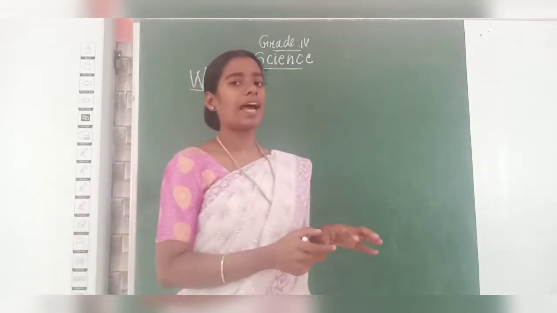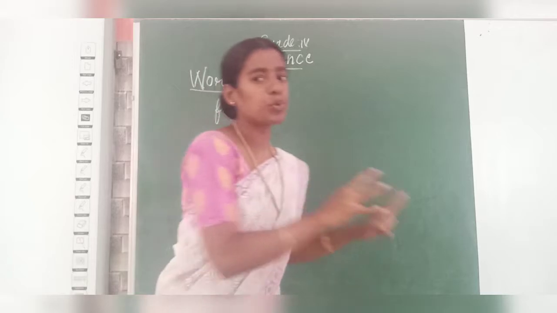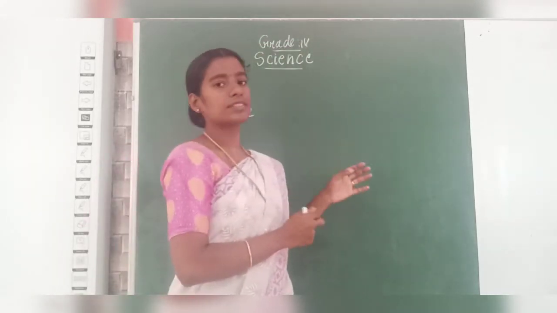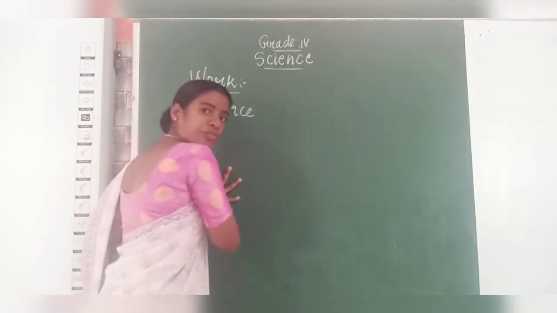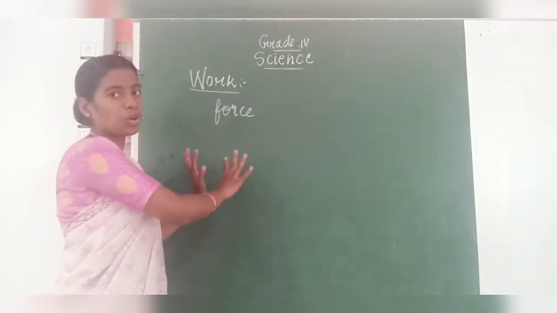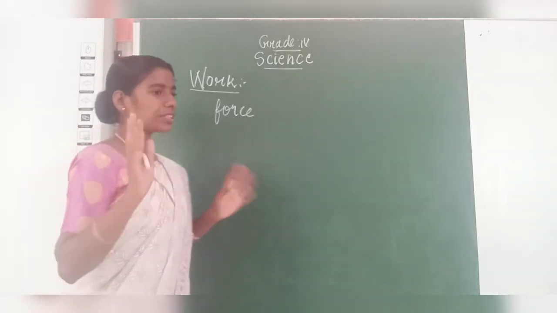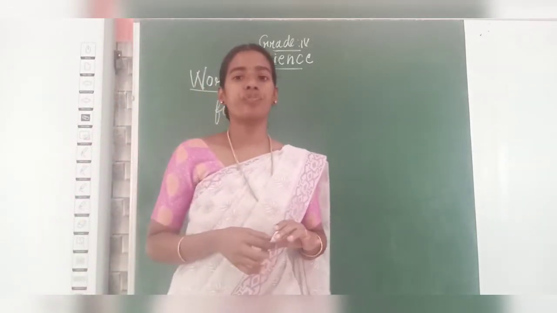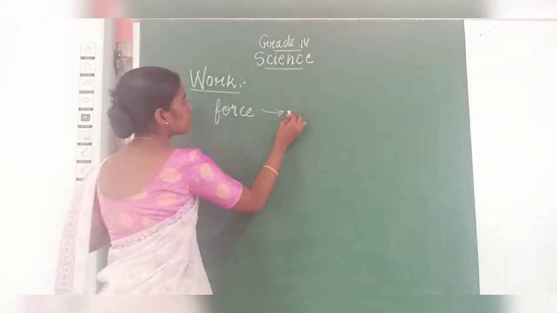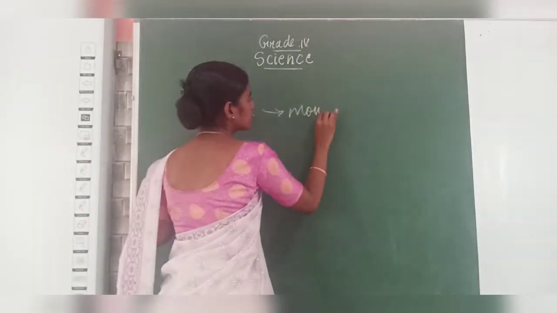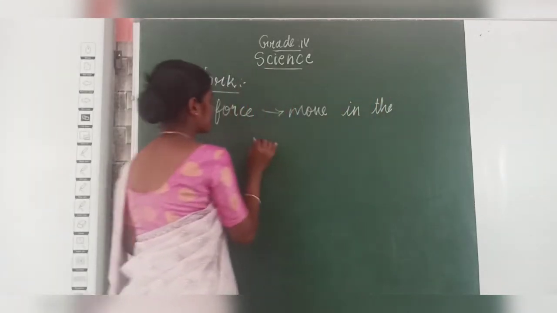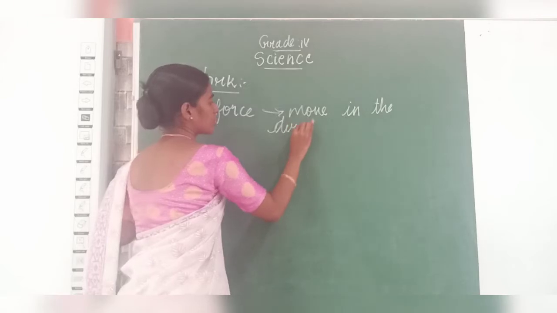Consider you have a chair. When you apply force, it will move in the direction of force. But consider a wall. I am applying force. Whether it is moving, it is not moving, right? So no work is done. When you apply force, the object should move in the direction of force.